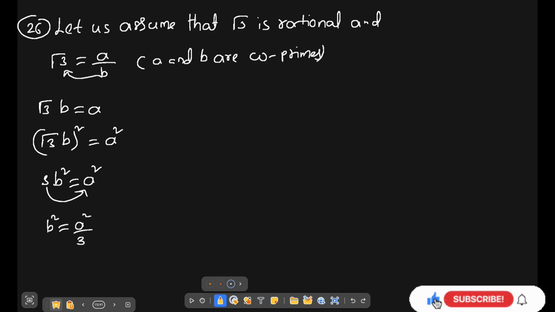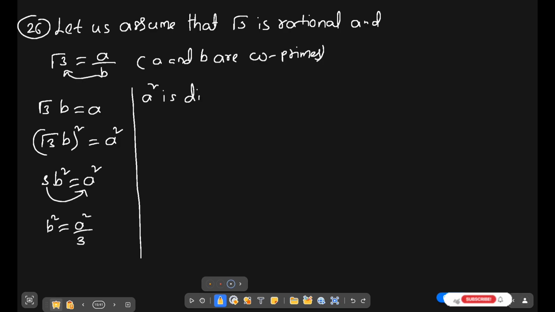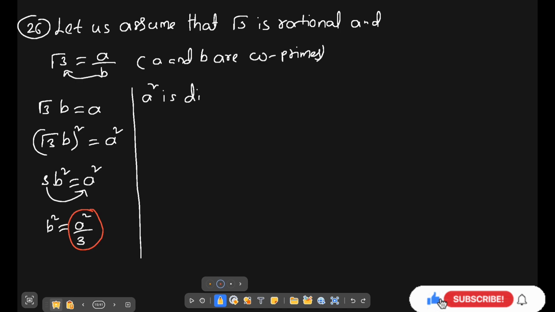That means here a square is divisible by 3.